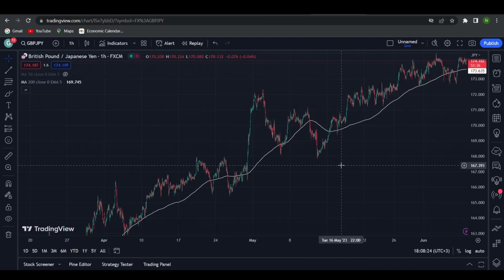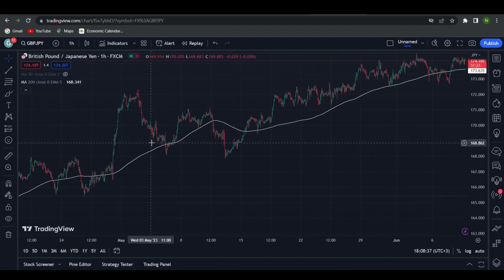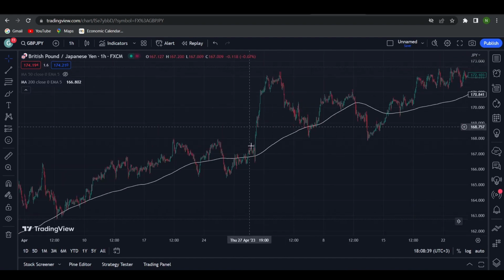Or let's say there is strong respect for specific zones, you need to write that down. Or let's say in this specific pair you need to be targeting higher take profits than you usually do, because there are bigger movements. As you can see, there are big movements. There are pairs that have larger movements than others, so write that down so that you can adapt for each pair.